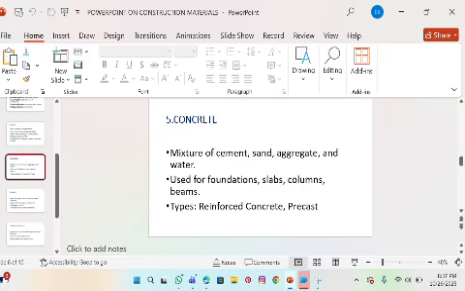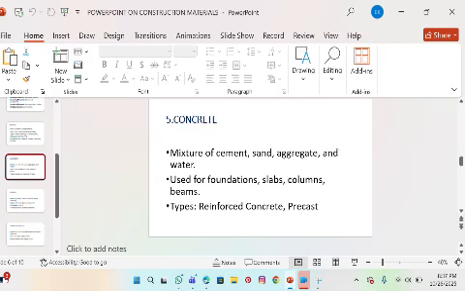We have concrete. Concrete is a mixture of cement, sand, aggregate, and water. It is used for foundations, slabs, columns, and beams. Under concrete, we have the reinforced concrete and precast concrete.